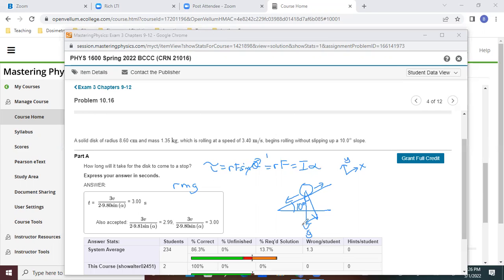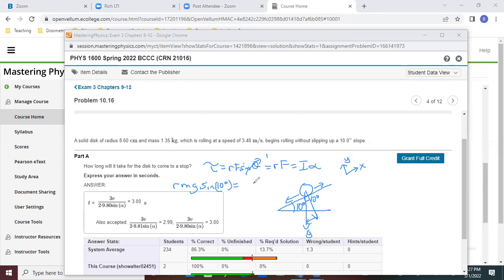Now, obviously, it's not going to be just gravity pulling down because it's broken up into components. If you go through the mathematics here, you find out that the 10 degrees here is the same as the 10-degree angle here. If you take the sine of that particular angle, that's going to be the component that's pulling it down.